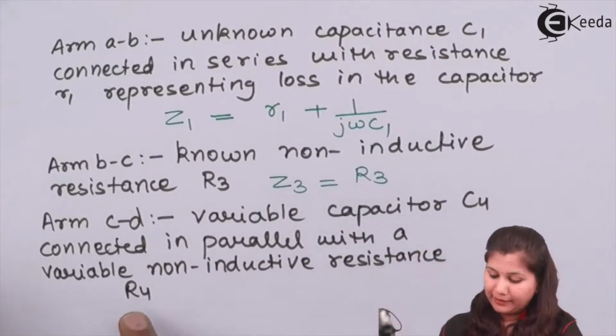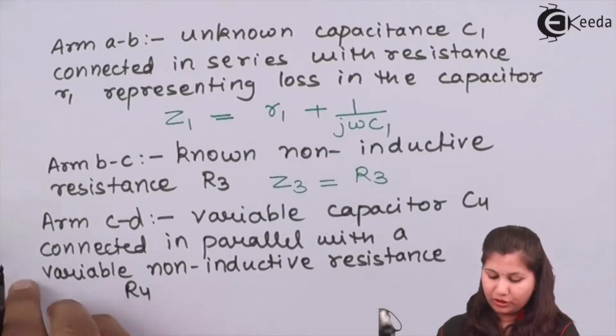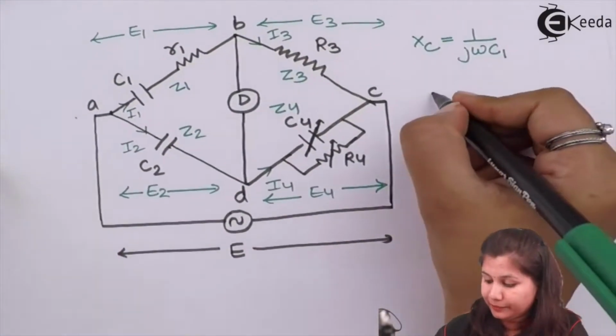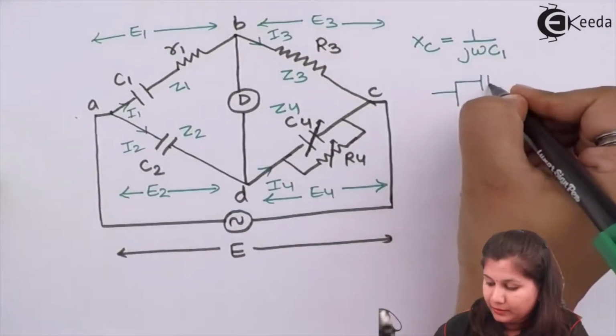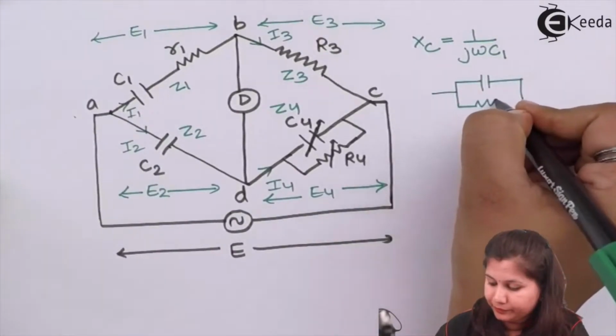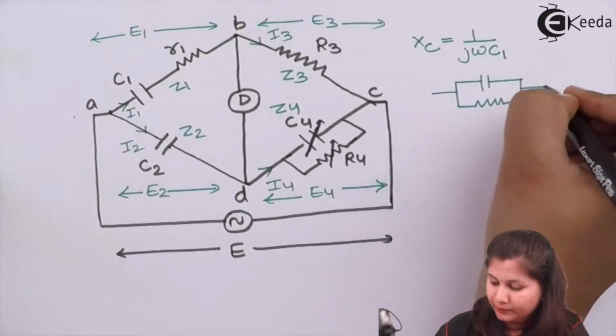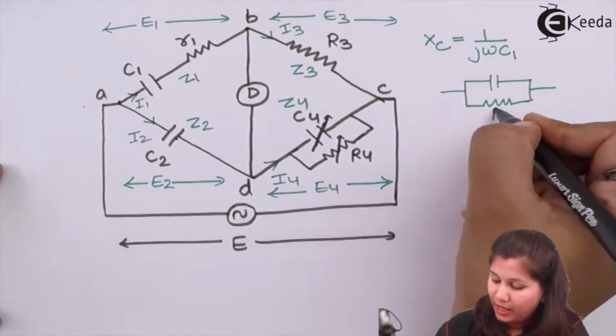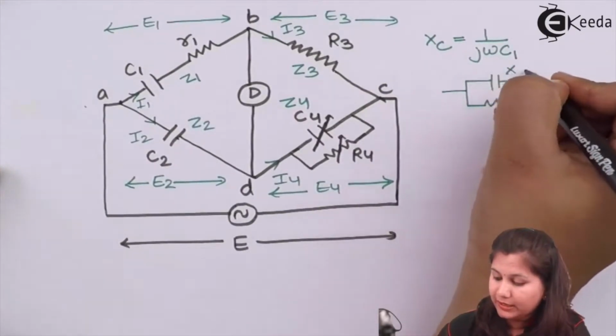So if we talk about the parallel combination of a capacitor and resistor, the resistor is R and the capacitance is Xc.